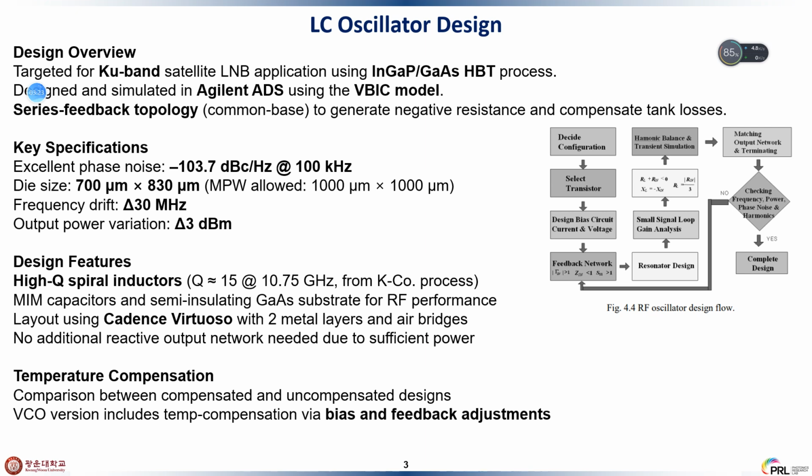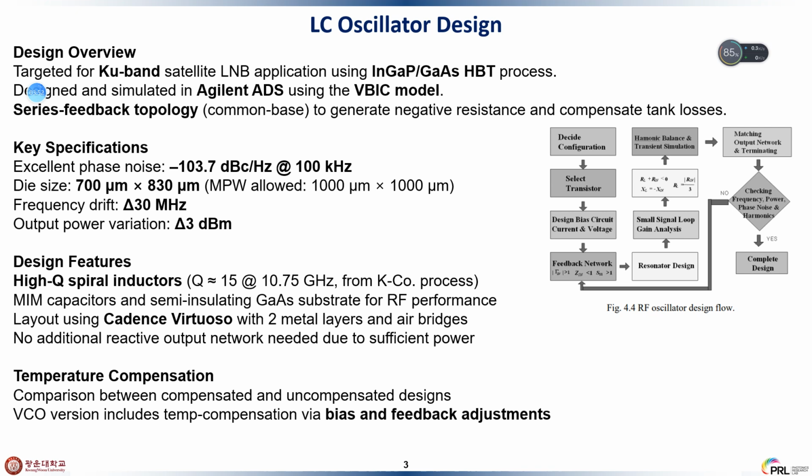And the key specifications of this one is it has excellent phase noise, like negative 100 or more, and the die size is 700 micrometer by 830 micrometer. And the frequency drift is delta 30 megahertz, and the output power variation is delta 3 dBm.